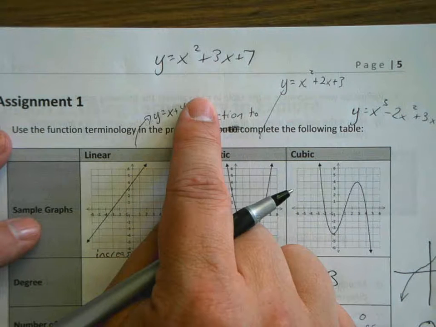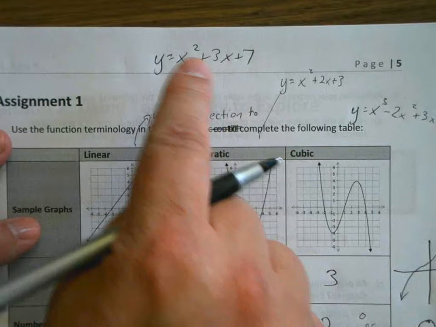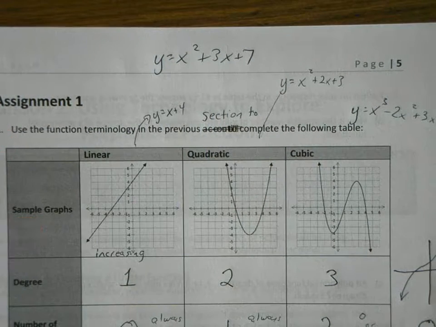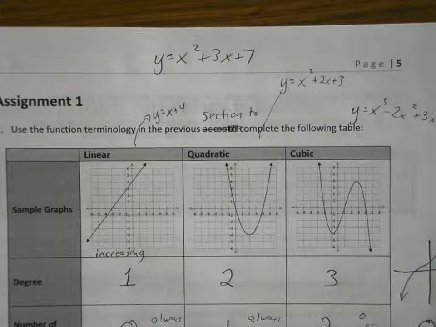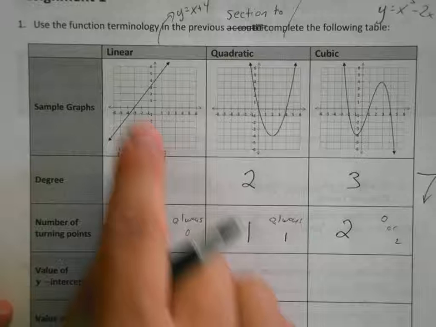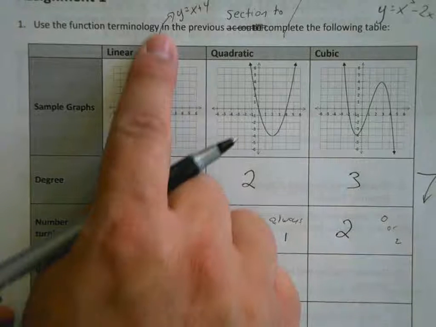But when you see this, you don't say that's a parabola. You say that's a quadratic function. And then the shape of the graph is parabolic. Okay? I don't care. If you point at that and say to me that's a parabola, I'm going to go, good work. Okay?